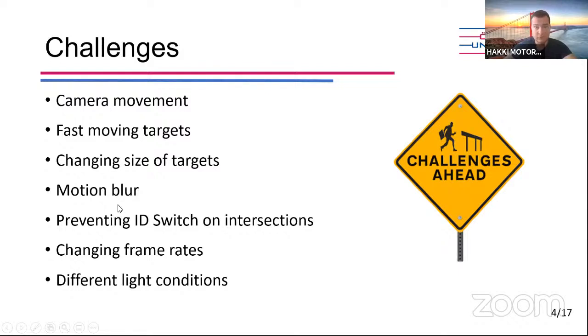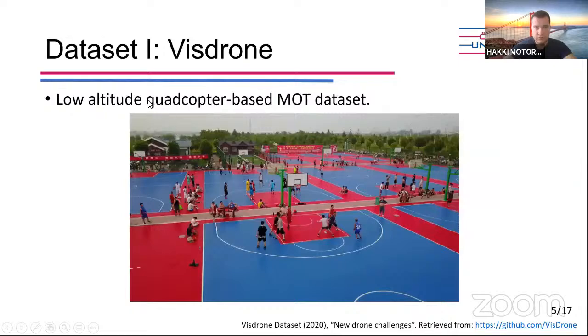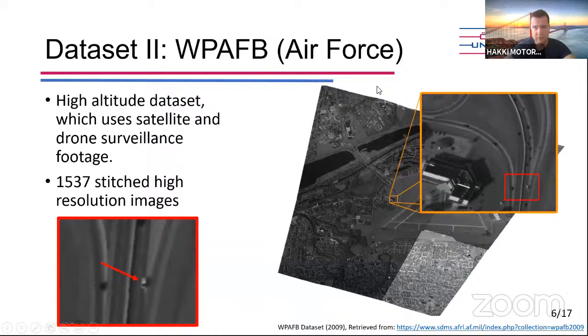Different light conditions are happening. These are our challenges. To simulate those challenges, we have used 2 data sets. The first one is a lower altitude data set. We can see a sample here. And the second one is a higher altitude data set, which consists of very large images. We want to track these small objects like this car, and we can see that car in this larger image.